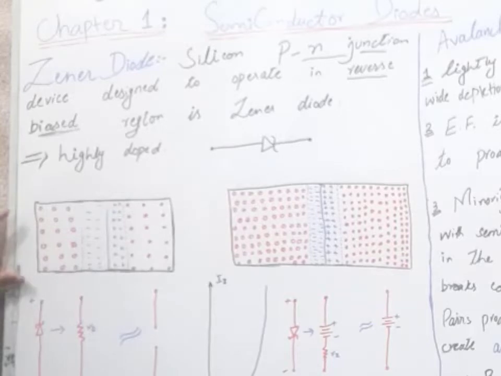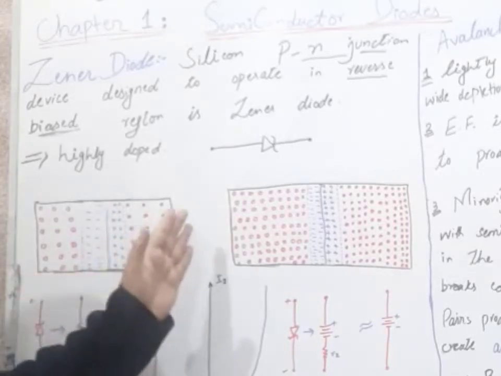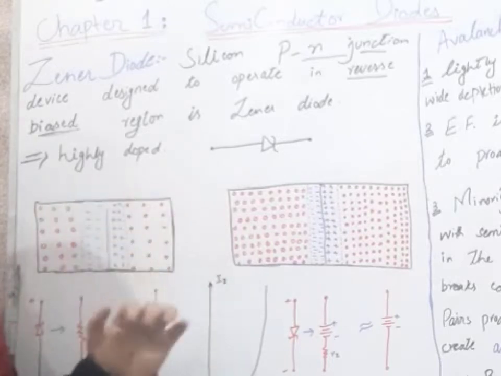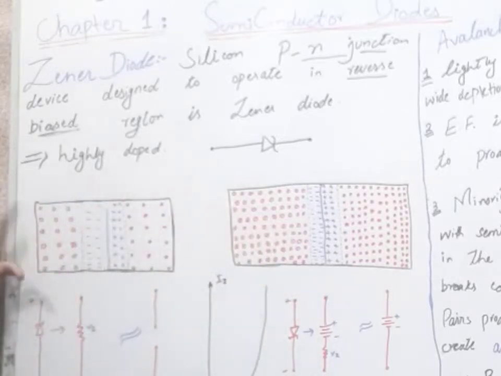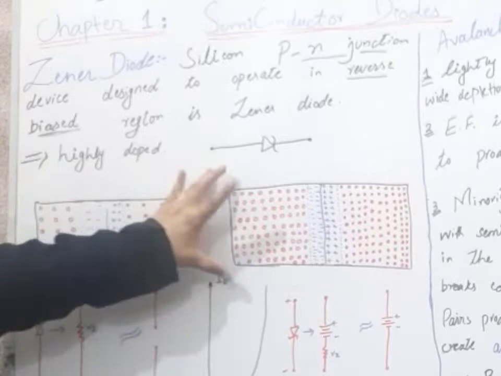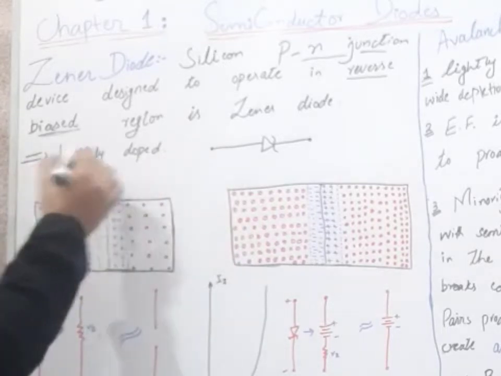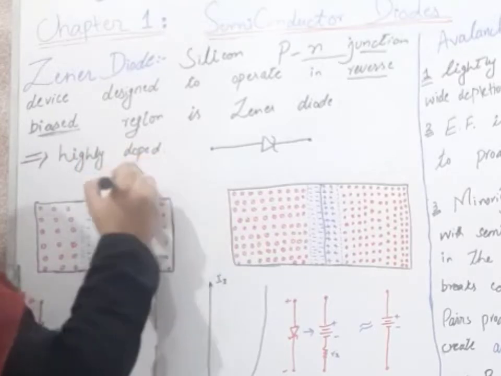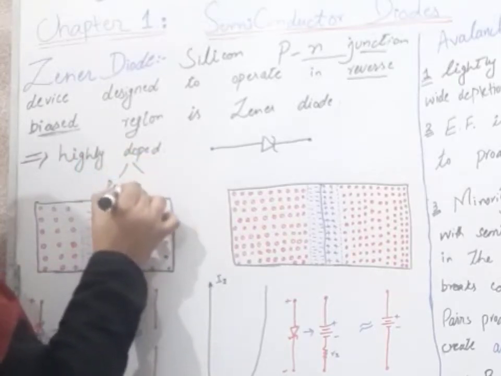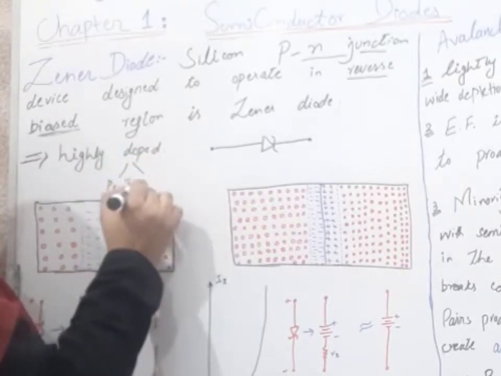This is the figure of a normal diode, and this is the figure of a Zener diode, and you can see here it is lightly doped and this is heavily doped. We have two types of doping, pentavalent and trivalent.